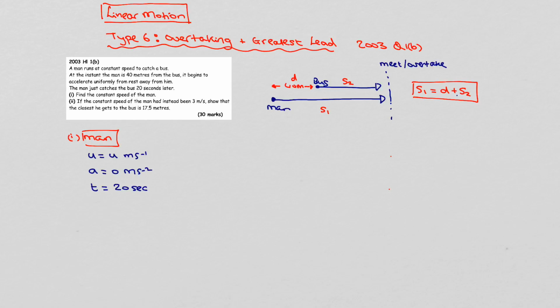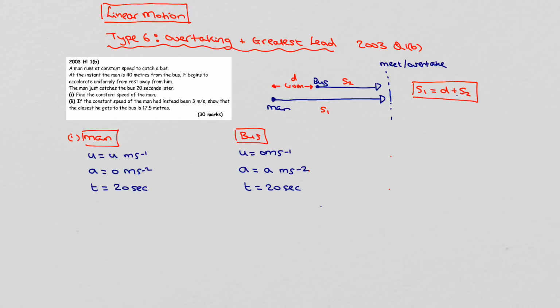If we're looking at the bus, well, the bus starts from rest, so the initial velocity is 0 metres per second. It accelerates away from the man, but we don't know what the acceleration is, so we'll call that A, and it's accelerating uniformly. Of course, the time when the man just catches up with the bus is 20 seconds.